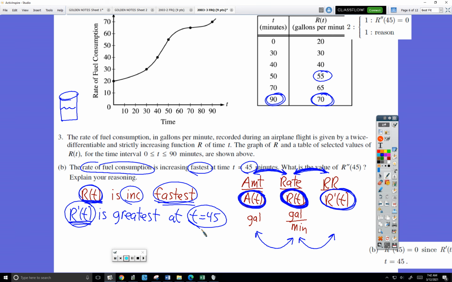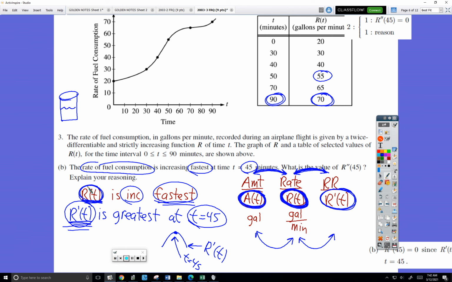So if we were looking at a picture of R prime, we'd say, oh, R prime must have a peak at time equal 45. This has got to be R prime, because R prime is the rate at which R changes. R is changing fastest at this time, therefore the value of R prime has got to be highest at that time, because this value tells me how fast this changes.